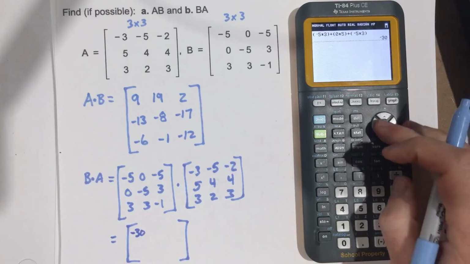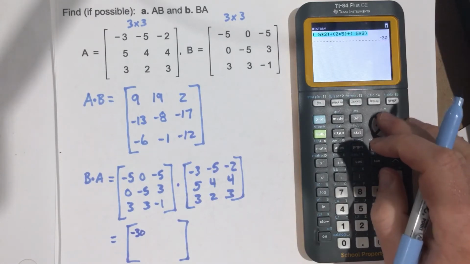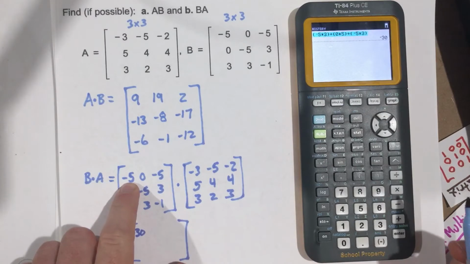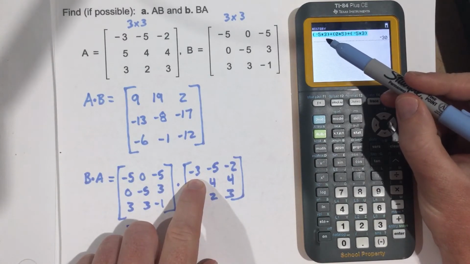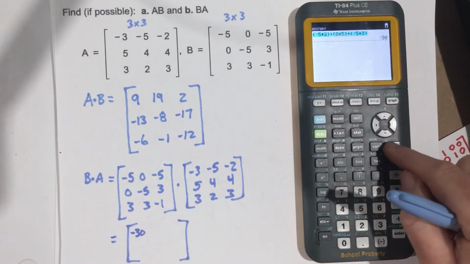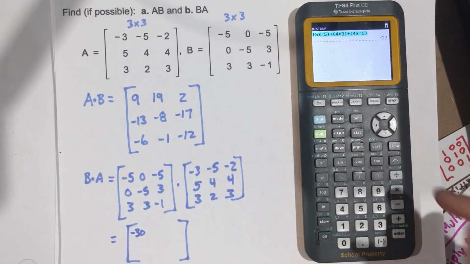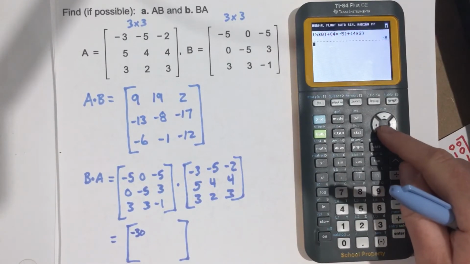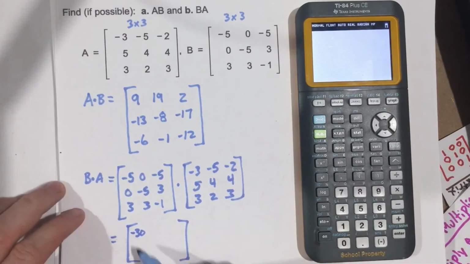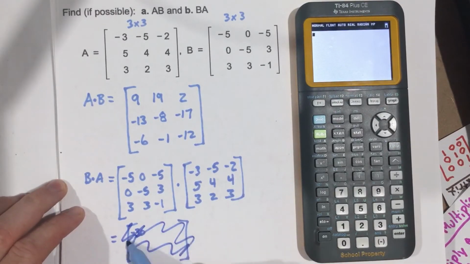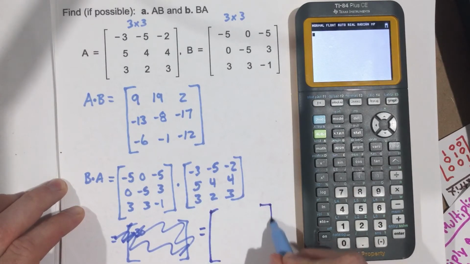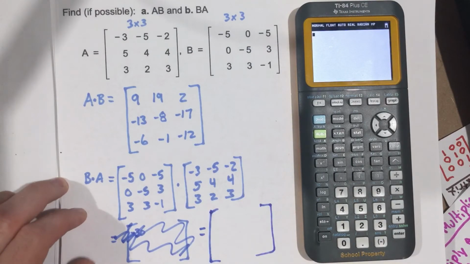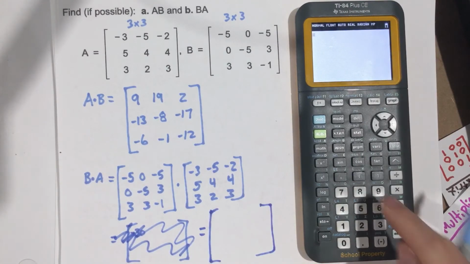Whoops, I made a mistake right away. If you notice in this, I was supposed to do negative 5 times negative 3, and I did negative 5 times 3. So that was my first mistake. I'm going to clear that out. Let's do this again. So I'm going to just cross this out. This is not correct. And I'm going to write equals. Make a new 3 by 3 matrix here. All right, let's do that one more time.